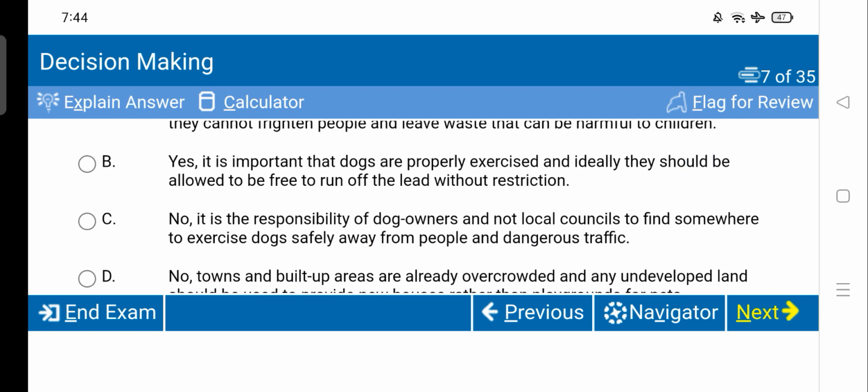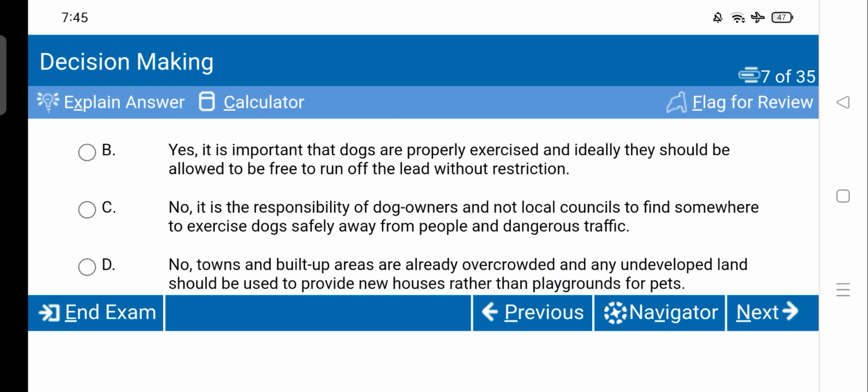Option B, yes, it is important that dogs are properly exercised, and ideally they should be allowed to run free off the lead without restriction. Option C, no, it is the responsibility of dog owners and not local councils to find somewhere to exercise dogs safely away from people and dangerous traffic.